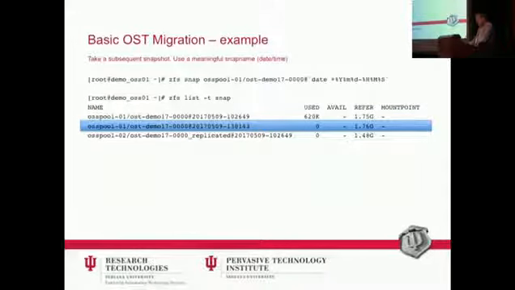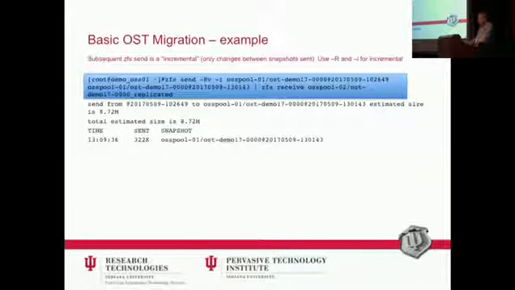So after our initial snapshot send receive operation, we're doing the subsequent incremental snapshot send receives. The snapshot command is exactly the same. You're giving it a meaningful snap name. Then you can see the output of the ZFS list. And when we transport the incremental snapshots, you use the -I switch in the command.